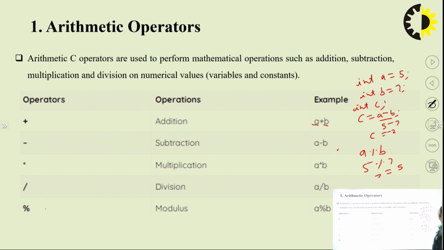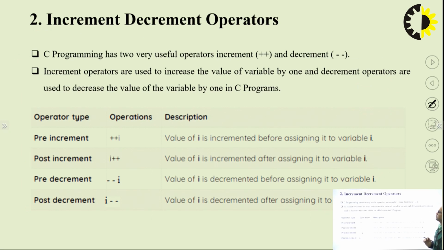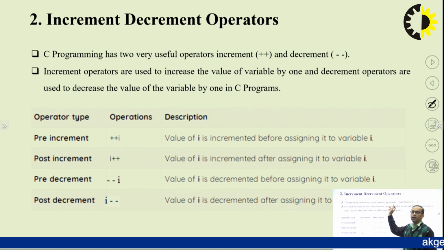Now let us see the next. The second type of operators are the increment and decrement operators. C programming basically has two types of operators, the increment operator and the decrement operator. The increment operator is used to increase the value of a variable, or a numeric value, by 1, and the decrement operator is used to decrease the variable by 1.